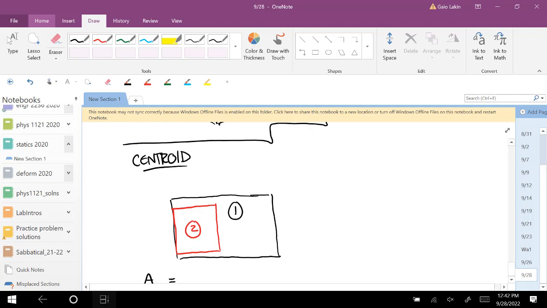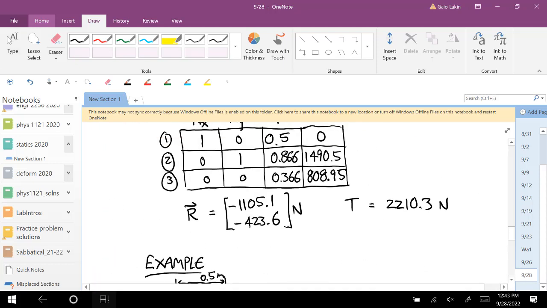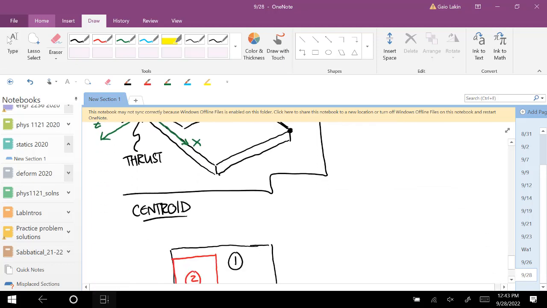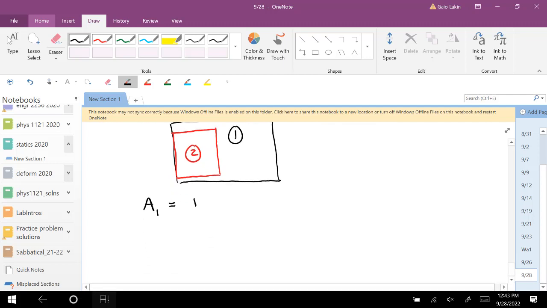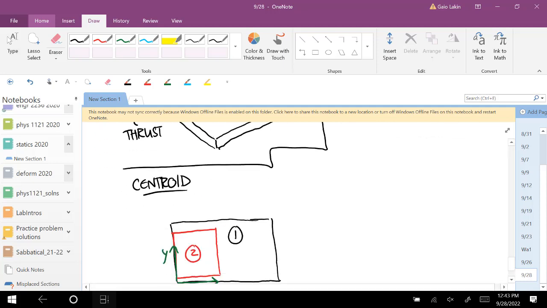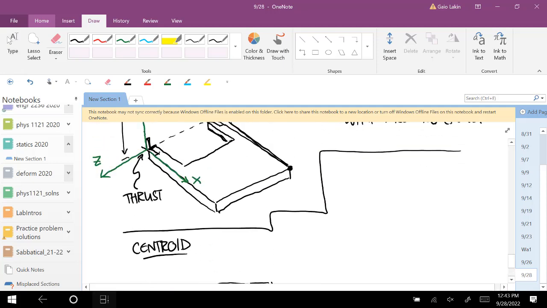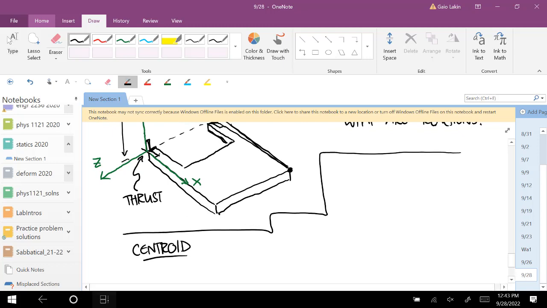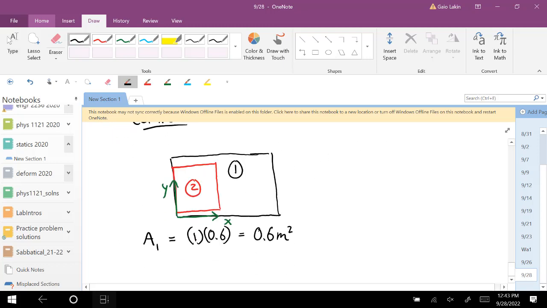The area of 1 is 0.6 times 1. The centroid of 1 with the coordinate system here. And by the way, be careful here because I have 2 totally different coordinate systems drawn, but I'm just using this one to come up with distances.